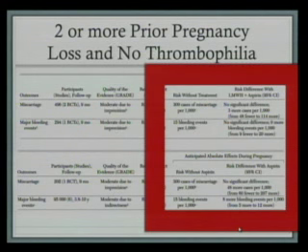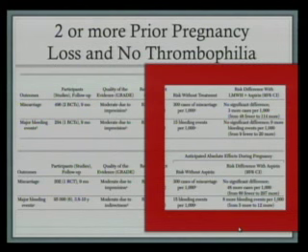So this was a meta-analysis that wanted to see whether adding low molecular weight heparin and aspirin decreases your risk of miscarriages in 2 or more pregnancies.